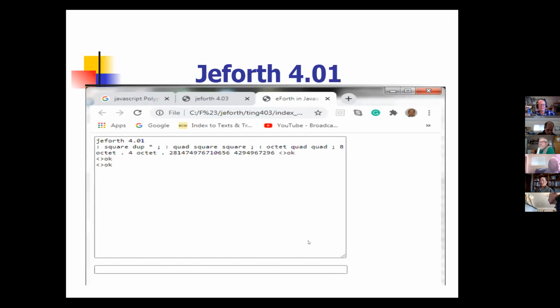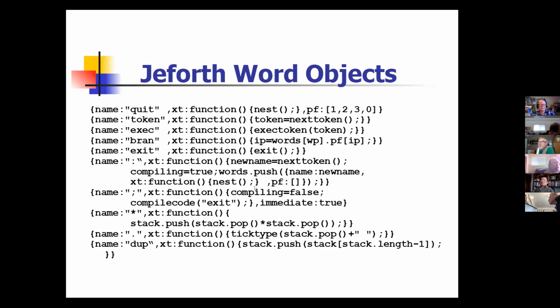Let me see this. Okay, so the impressive thing is that all words are complete JavaScript objects. So we have quit, token, exec, and these are all lined up in sequence. Quit has index 0, then 1, 2, 3, and so forth.